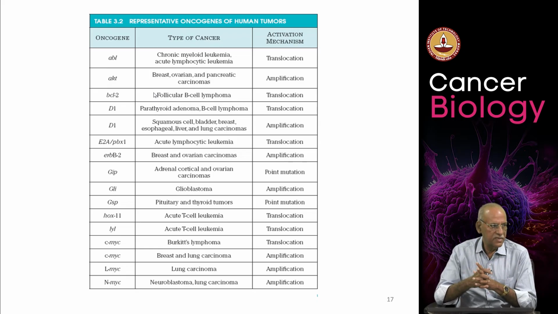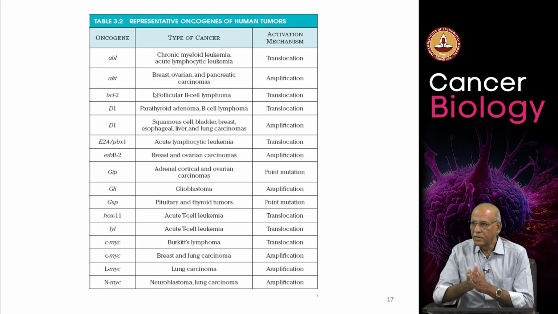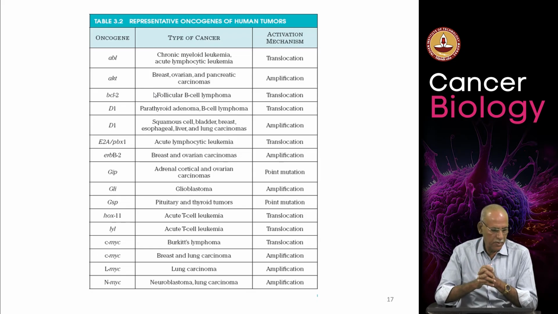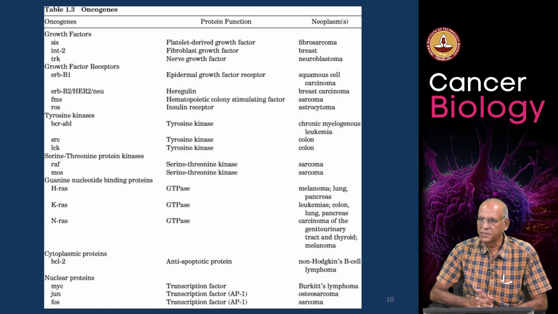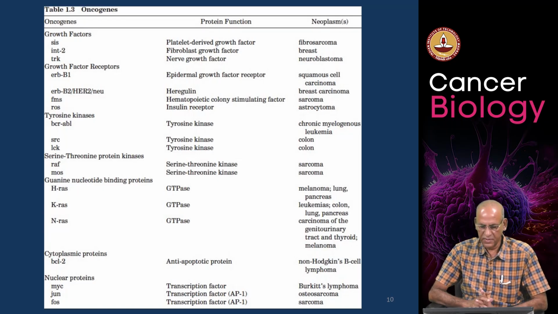We will discuss that in detail, so that we will be able to understand how they function and so on. So, we looked at some examples of these oncogenes. Anyway, as I told you, I will once again rearrange this table, so that you can take one of the tables for your studies.